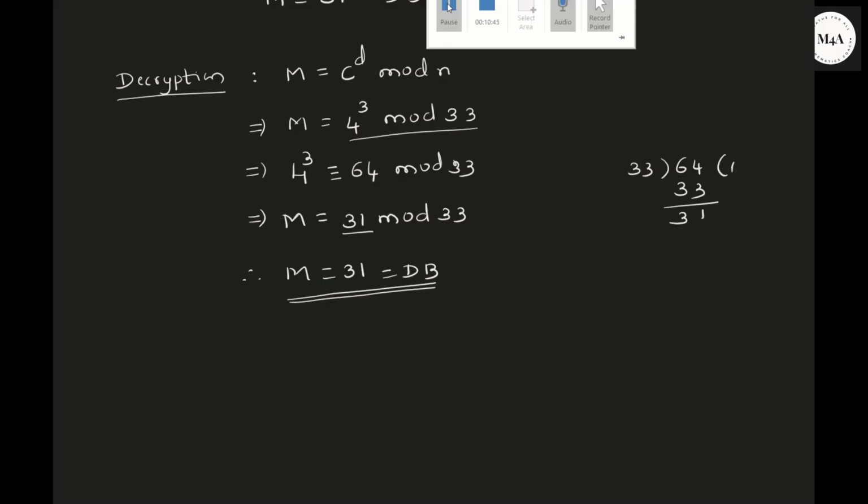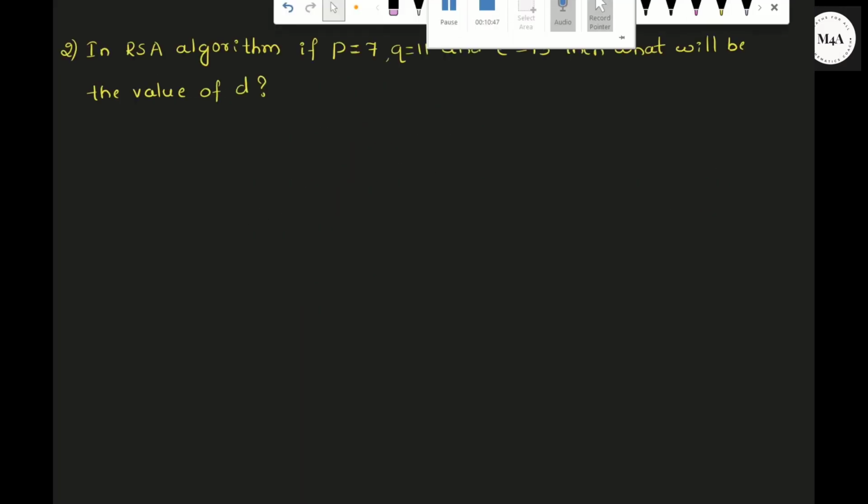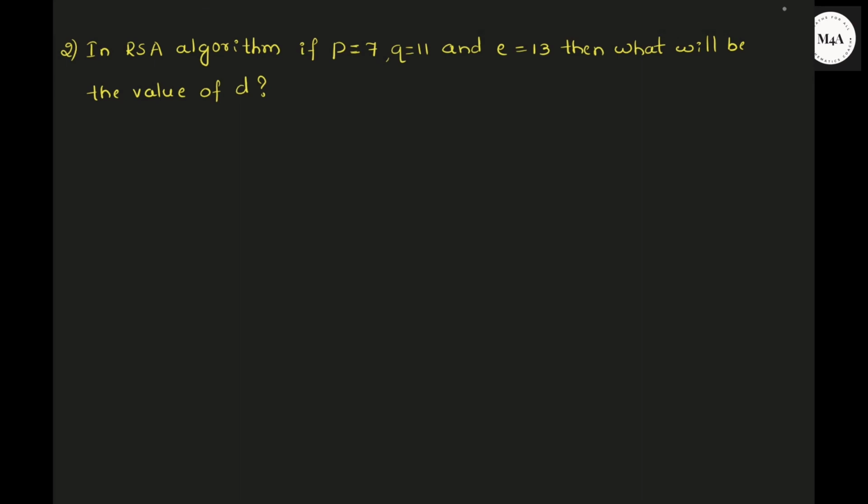We'll see one more example. Next example is in RSA algorithm, if P is 7, Q is 11 and E is 13, then what will be the value of D? They asked you to find the value of D. D comes under the private key.